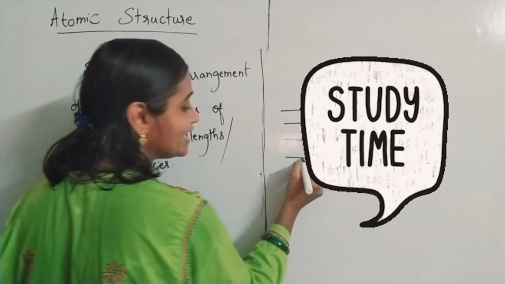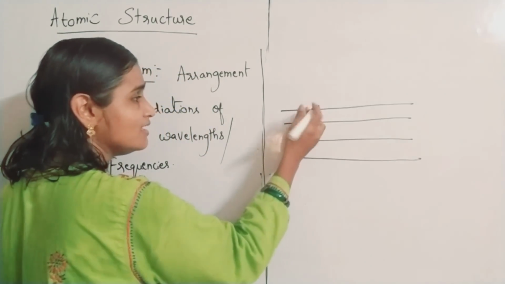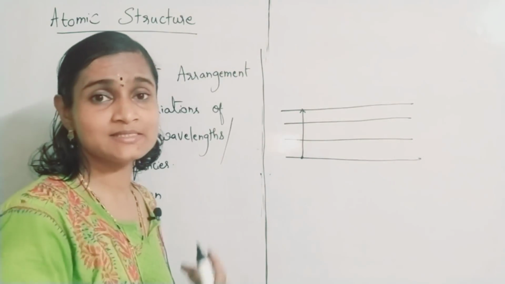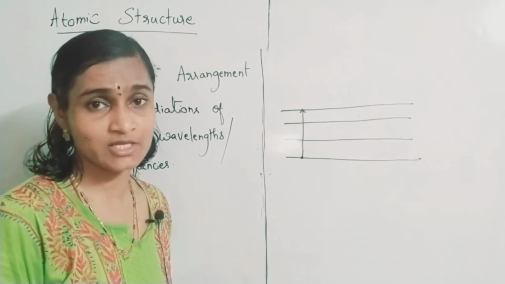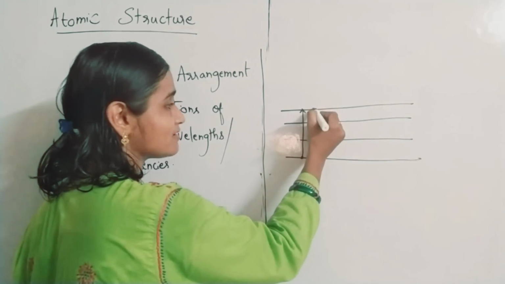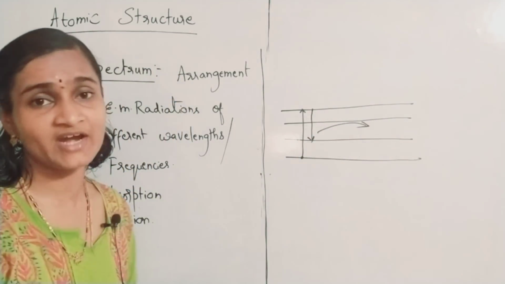If an electron jumps from a lower energy level to a higher energy level, it will be unstable there. While being unstable in that higher energy level, it tries to come back to its original state. While coming back, some of the energy is emitted in the form of radiation.